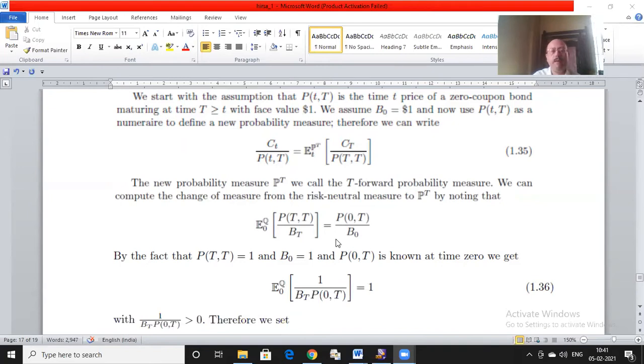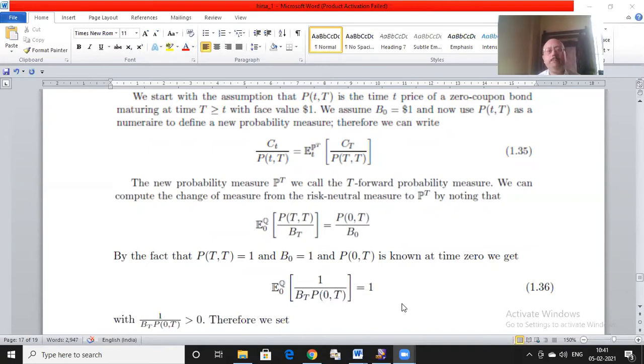And now note that P(T,T) must be equal to 1, that is by definition, and I have taken B(0) to be 1. So I know from this expression P(0,T), which is a known quantity, so there is no uncertainty about it. So I can simply say that the expectation under the risk neutral measure of 1/(B(T) P(0,T)) must be equal to 1.